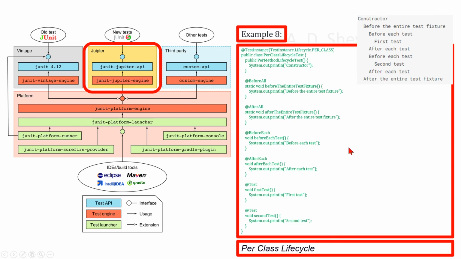Per class lifecycle. It is also possible to make JUnit execute all test methods on the same test instance. If we annotate the test class with @TestInstance(Lifecycle.PER_CLASS), JUnit will create a new test instance once per test class.